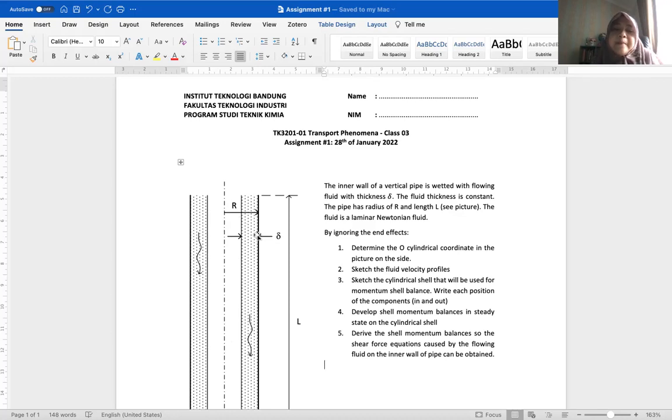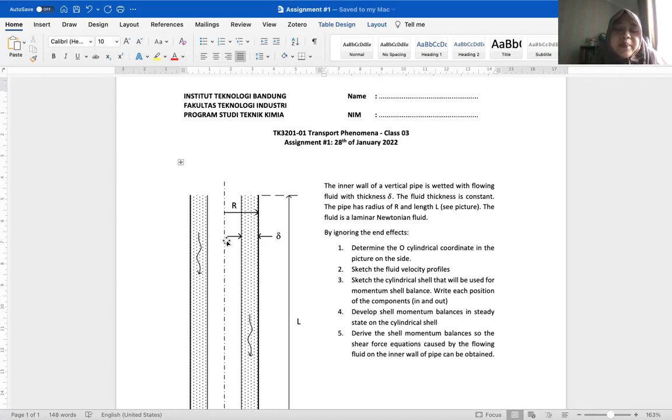So if you think about it, how about the shell balance? Is the thin shell similar to the previous one? It should be similar, but the difference later on would be the integration.